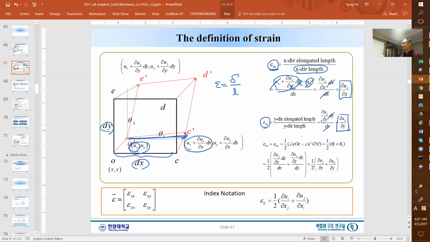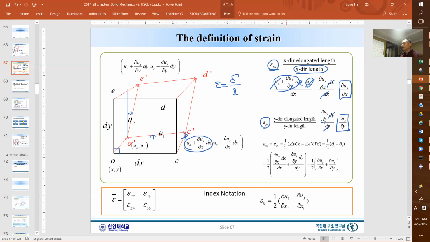Now, one of the most important strains is the shear strain, which is the change of angle. In the original configuration there was a rectangle, and now we deform it to O prime, C prime, D prime, E prime. The angle changes this one, and the angle changes that one.